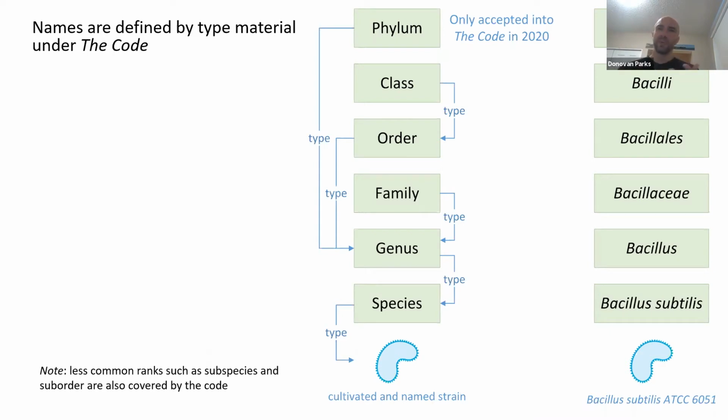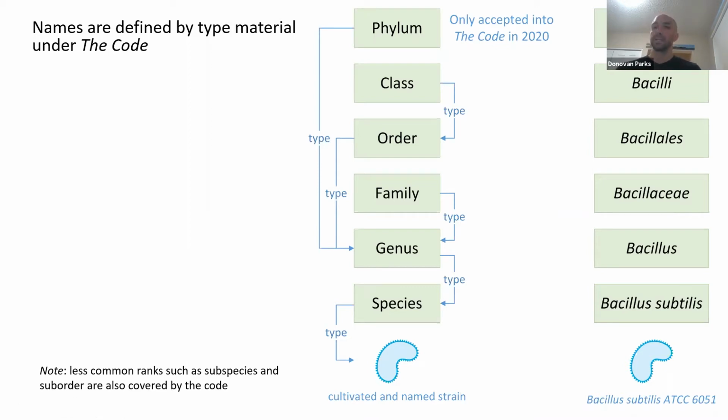So the most important point in the code is that every name is anchored by type material. And that's what's shown in this diagram in the center here. I think it's probably easiest just to understand this by going through it with an example. So what I'm showing at the bottom here is a strain.